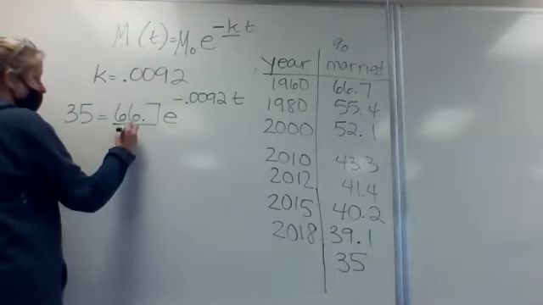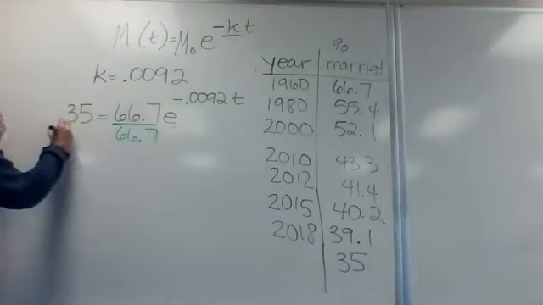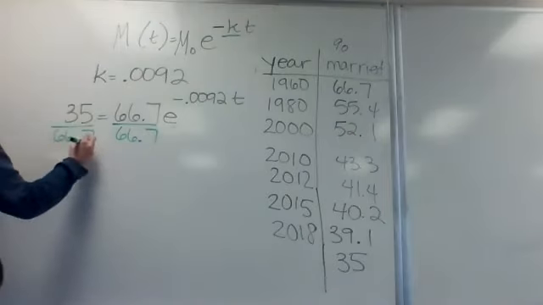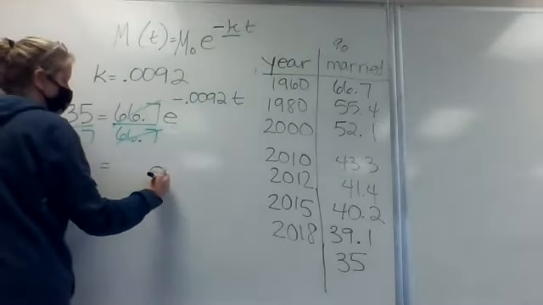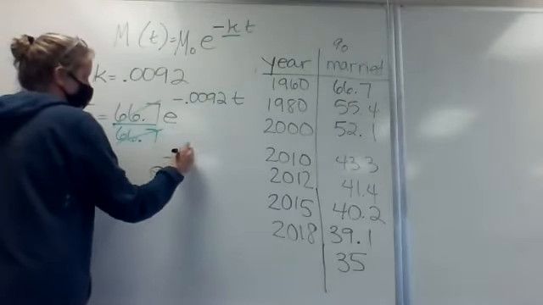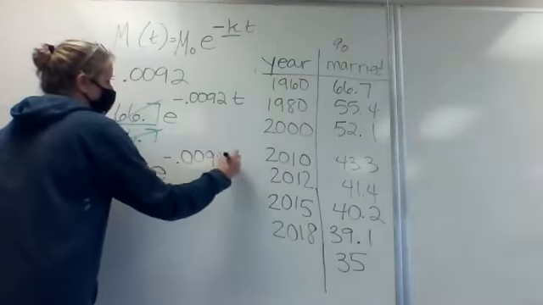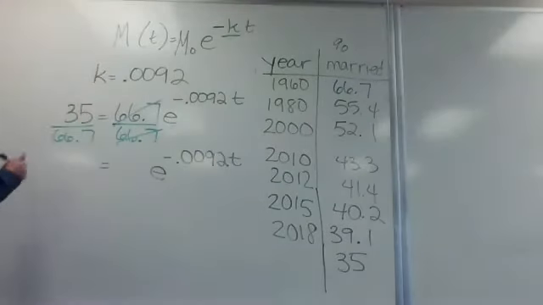So divide by 66.7. So now I have e to the negative 0.0092 T equals 35 over 66.7.